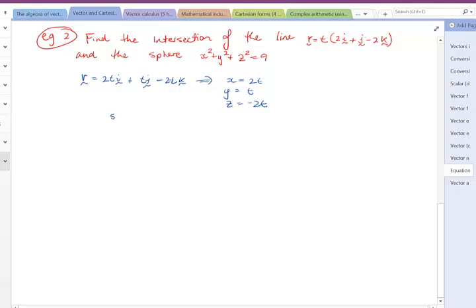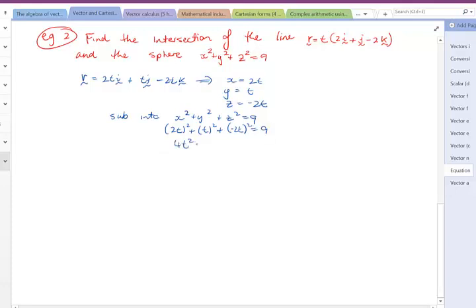Now, if we substitute these into the sphere's equation, x squared plus y squared plus z squared is equal to 9, we end up with (2t) all squared, (t) all squared, and (-2t) all squared is equal to 9.